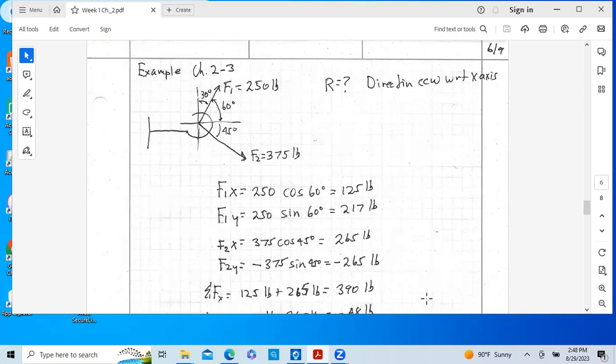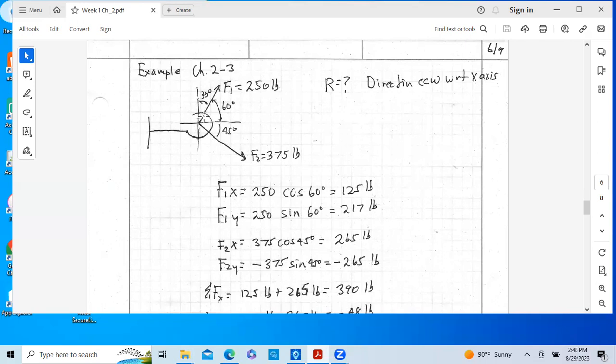So this is example 2-3 in your textbook. It's like some kind of a support device that's into a wall system.